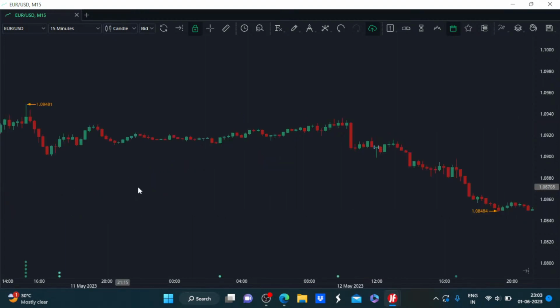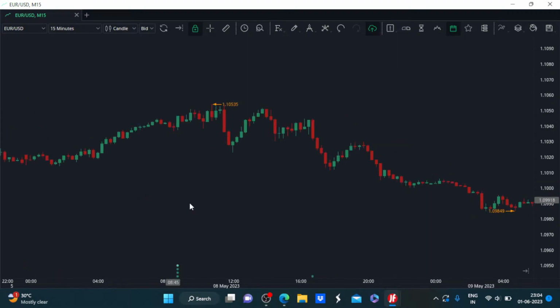On 15 minutes we are yet to come across a bearish reversal. I think we'll have to work more to find this pattern. Not yet, not yet. Let me go back in time. No luck so far.